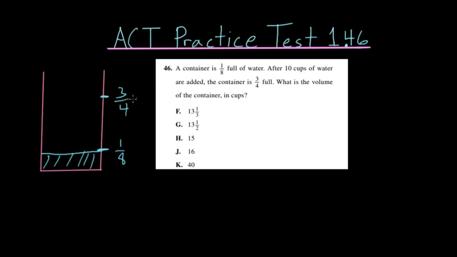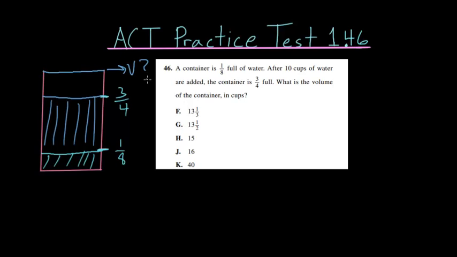So let's say this is 3/4, and we'll give it a slightly darker color just to show the difference. So our job is to figure out how many cups of water this entire container would hold. So if we were to fill it to the top, what would our volume be?